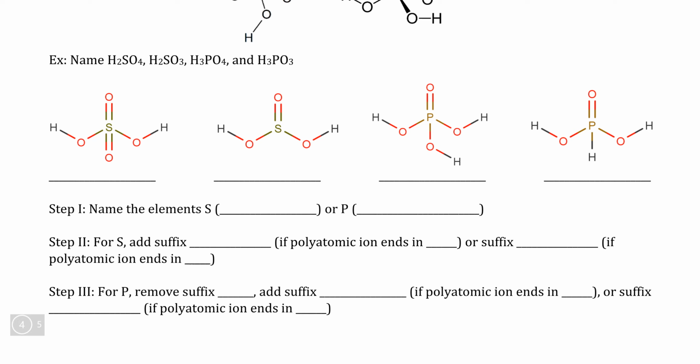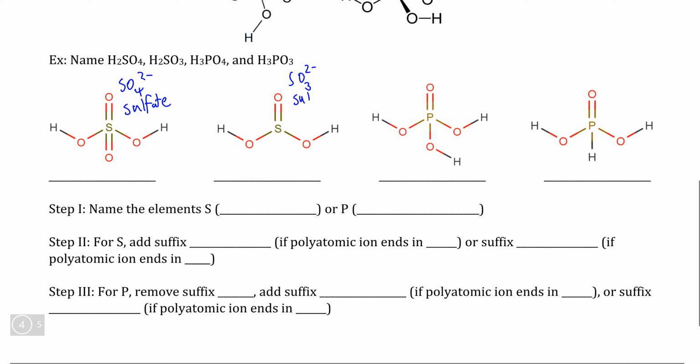We'll start with the polyatomic ions that contain sulfur here. So SO4 2-, the polyatomic ion for that is sulfate, and if we remove one oxygen from the formula of sulfate but keep the -2 charge here, this polyatomic ion is called sulfite.